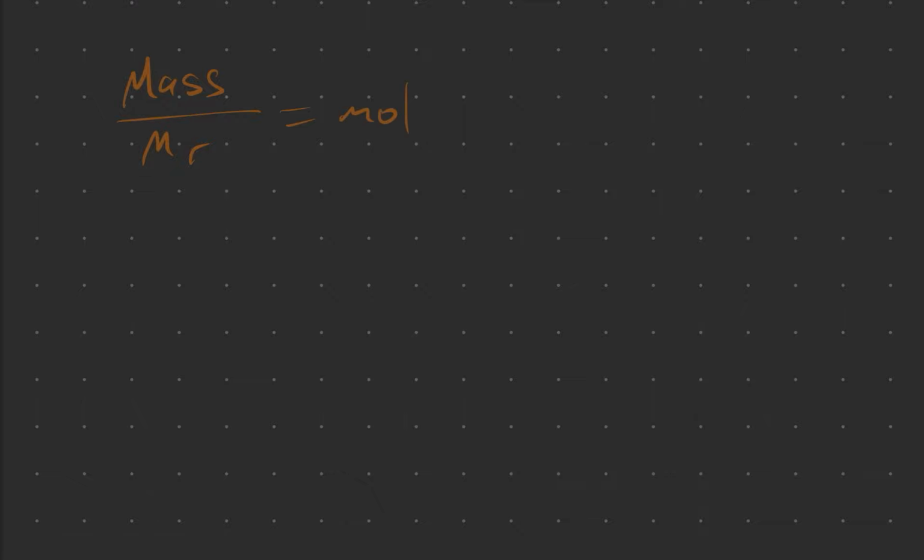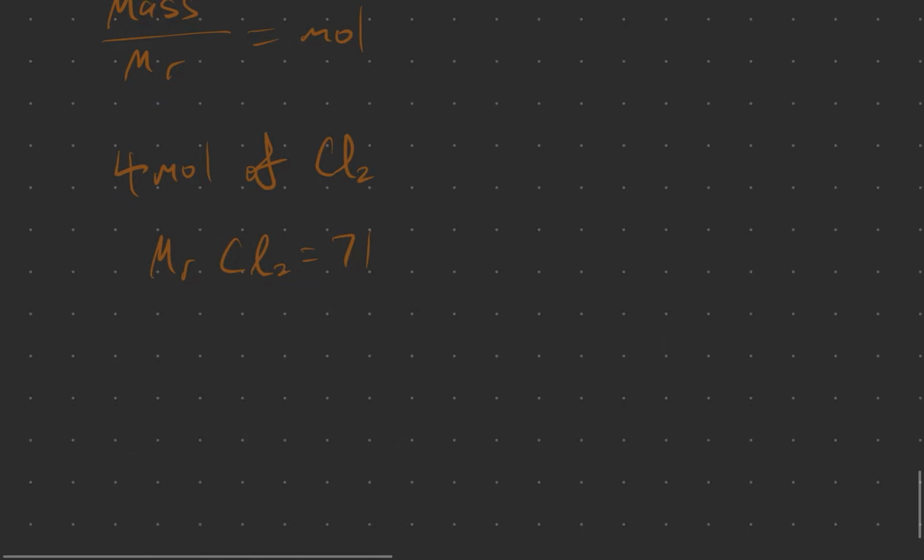So now let's say I have 4 moles of chlorine gas. The MR of chlorine gas is 71. As we know, our mass over our MR equals our mole.